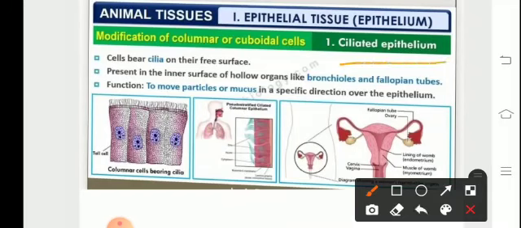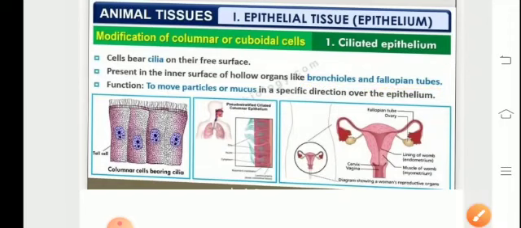In both cuboidal and columnar cells we may find hair-like structures present on the surface. They are found in bronchioles and fallopian tubes, where in fallopian tubes they help in the movement of the egg, and they also carry out the movement of particles or mucus.